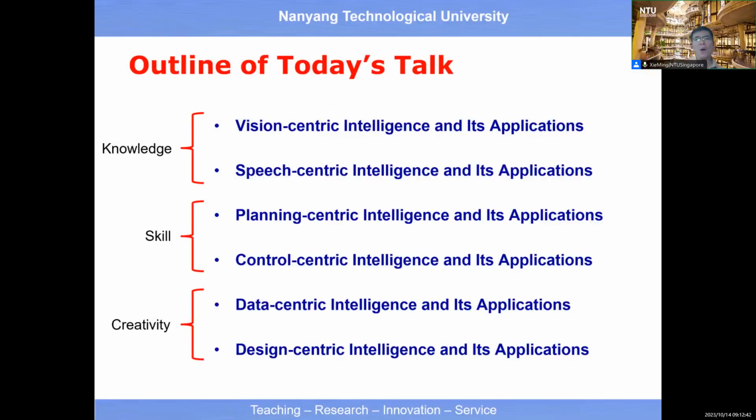So I will try showing you 6 typical scenarios of AI integrated applications. And these 6 categories of application are actually grouped into 3 groups, right? The first group is knowledge-centric application, right?